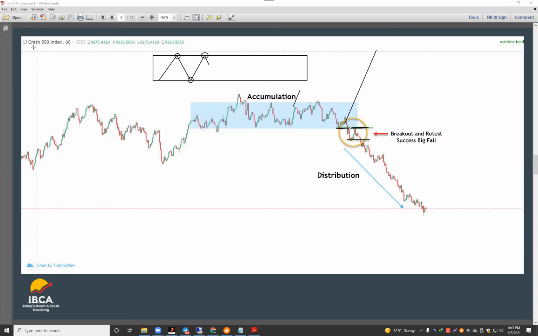The price broke, then retested. Where will you enter? Here or here? This area, number 1 or number 2? Yes, brothers, tell me, which area will you enter?